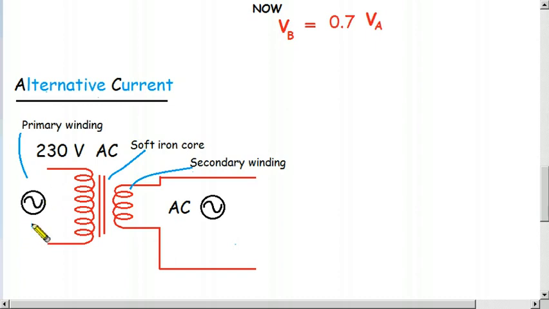That means we should supply AC, not DC, to these terminals of the transformer. Directly from the output, from these secondary windings, we can take a reduced voltage such as 6 volt or something like that, since this one is 230. Usually we reduce the voltage for home consumers.